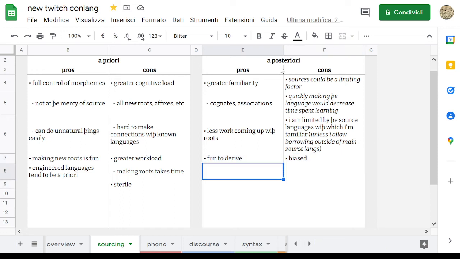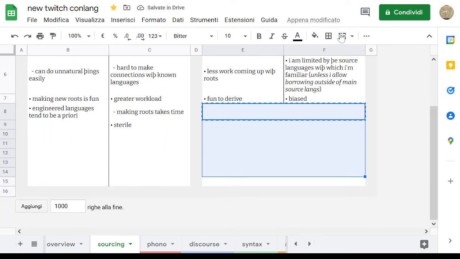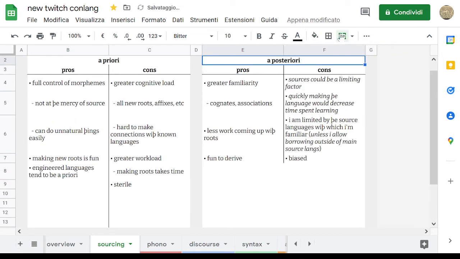I want to talk about different approaches I could take here. I'm going to merge the cells too, here, from here on out. I have a few different options.